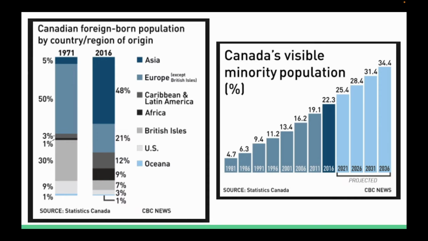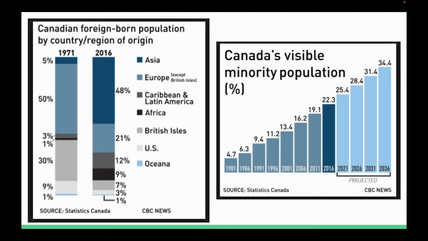These next two charts that I'm showing you here, these are our Canadian foreign-born population based on the region where our immigrants are coming from. And you can see, we're going to use Asia in this example on the left-hand graph here.